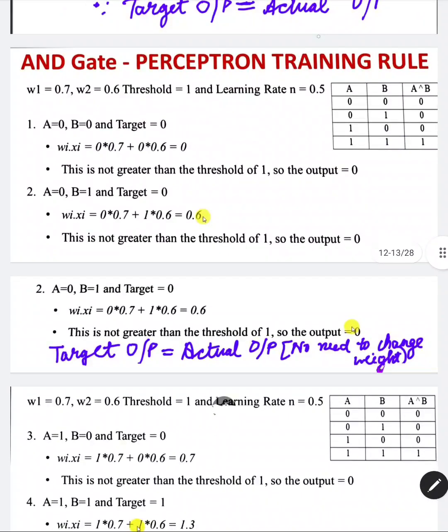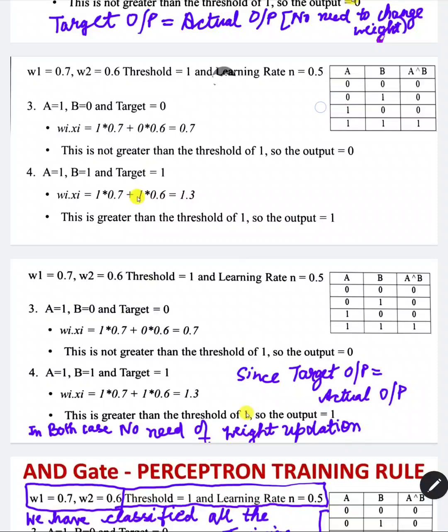So for the second training example, we have the input of A as 0 and input of B as 1. So 0 multiplied by weight 1 plus 1 multiplied by weight 2. So we will get 1 into 0.6, which is 0.6. Since it is not greater than 1, the output would be 0. So the target output was 0. The actual output is 0. So no change. Then we move to the third.